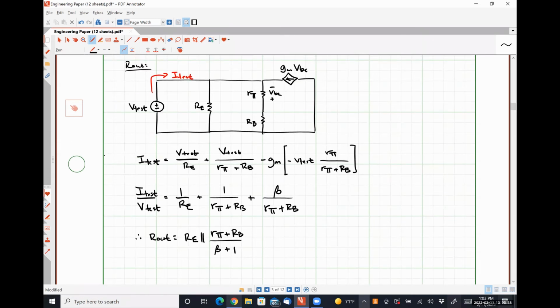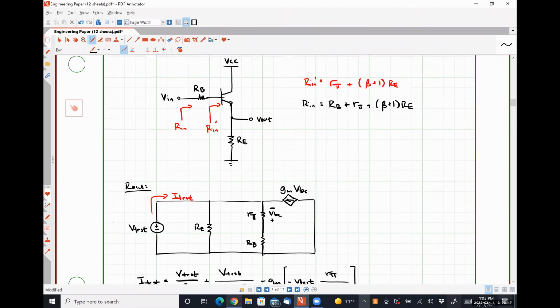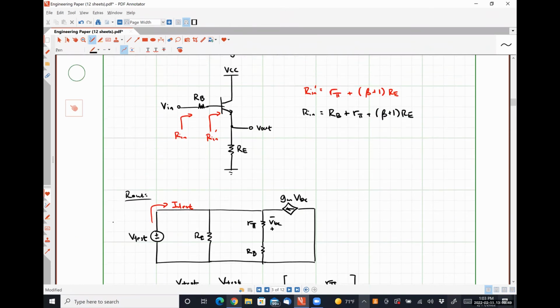So the thing I wanted to talk to you guys about, I'm going to have you prove this in a homework problem. What if we had put a collector resistance RC in this circuit? That collector resistance would show up right here.